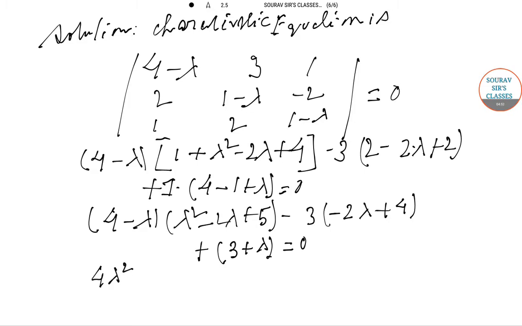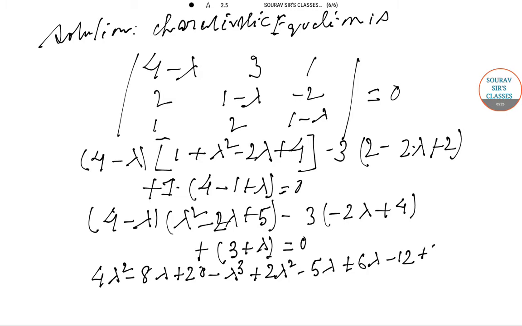We get 4 lambda square minus 8 lambda, then 2 lambda, minus 8 lambda plus 20, minus lambda cube plus 2 lambda square minus 5 lambda plus 6 lambda minus 12 plus 3 plus lambda is equal to 0.